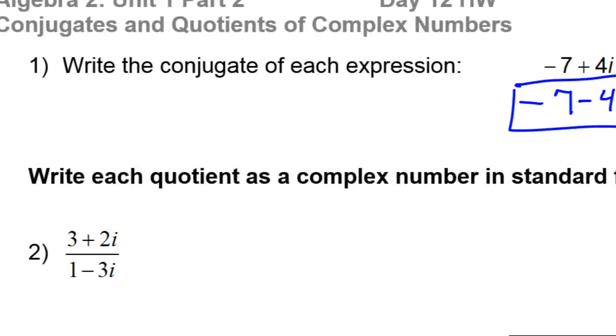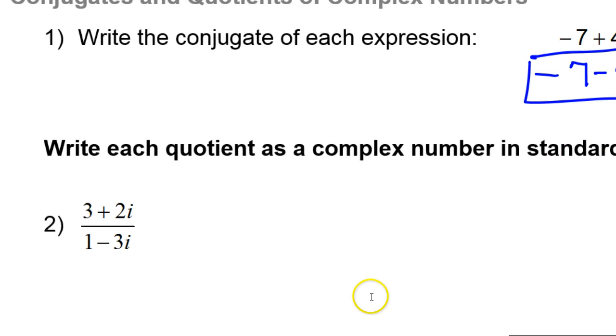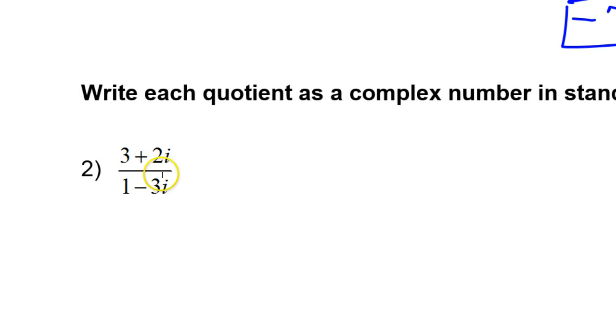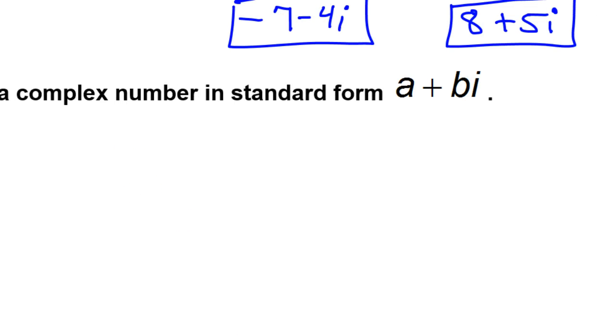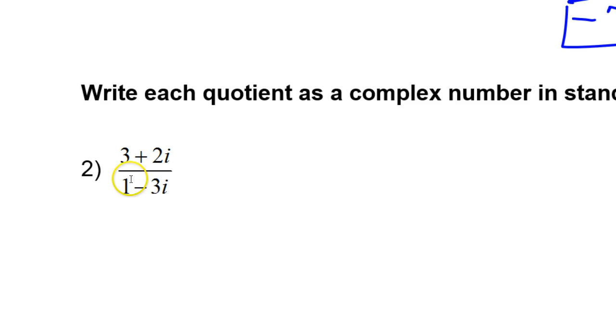That's going to be useful because if you want to rewrite a quotient of two complex numbers in standard form, a plus bi, you're going to have to get rid of the imaginary number in the denominator. You're going to have to make it a real number. And what better way to make it a real number than to multiply by the conjugate? Again, focus on the denominator. It's all about the denominator.